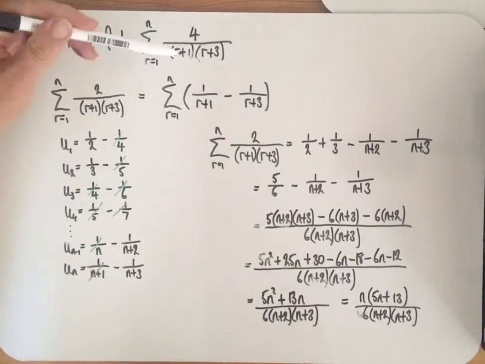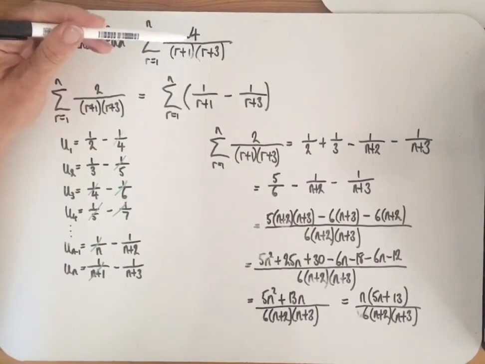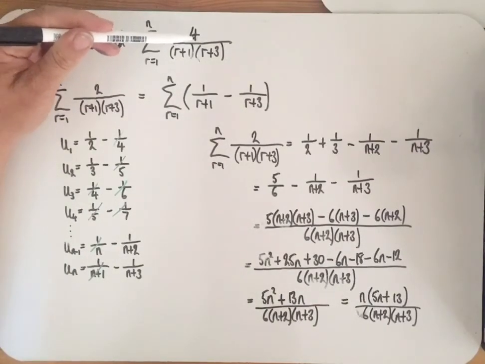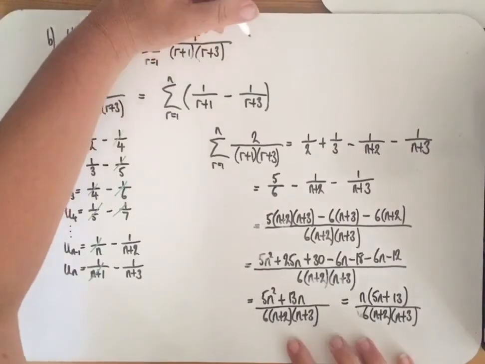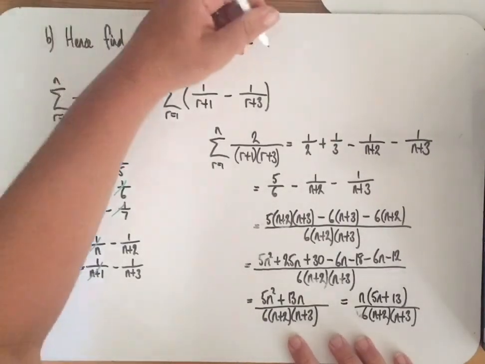And then to find this one, which obviously has this 4 on top instead of 2, you can pull out a factor of 2 here.